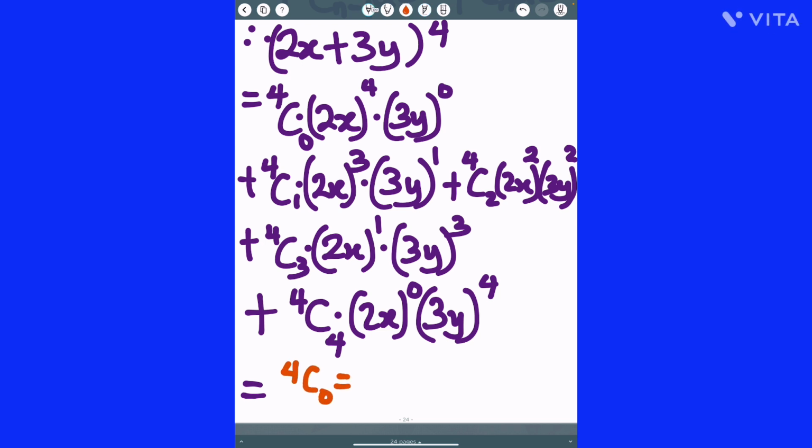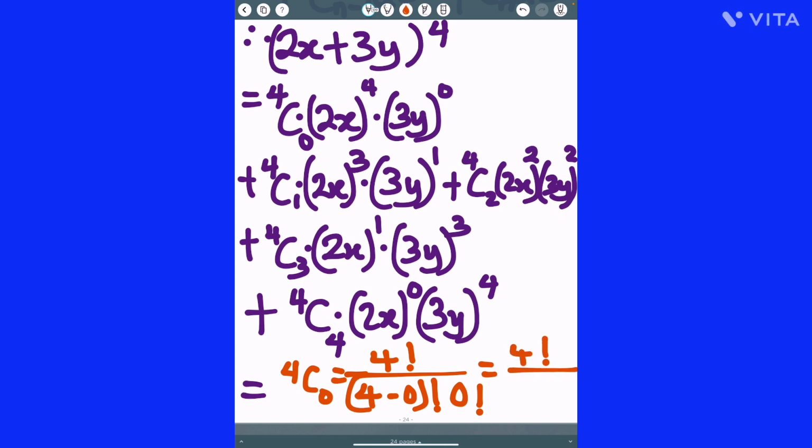Excuse me, I'm sorry about that mistake. 4 combination 0 is 4 factorial over 4 minus 0 factorial times 0 factorial. 4 factorial, leave it like that. 4 minus 0 in this bracket will give you 4, then with the factorial outside, you get 4 factorial. 0 factorial is 1. So 4 factorial divided by 4 factorial, 1 over 1 gives you 1. So my first coefficient is 1.